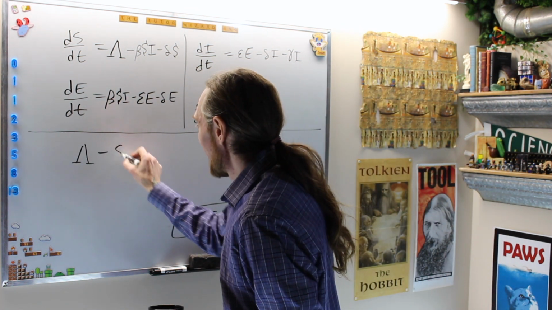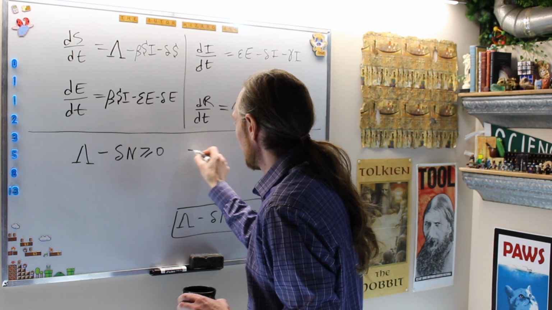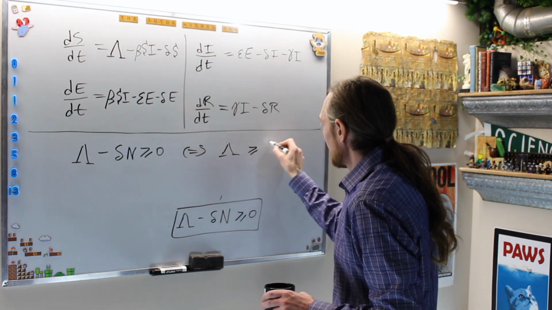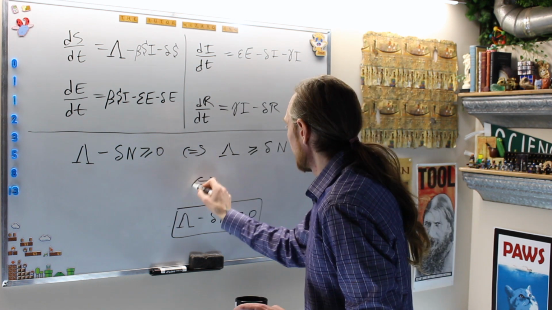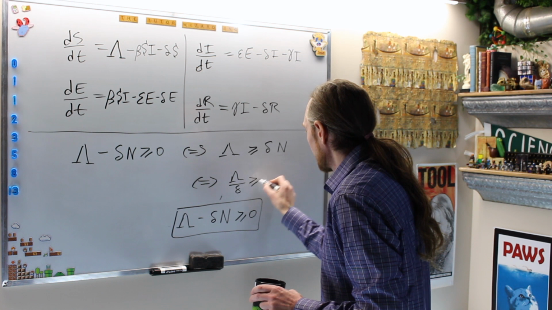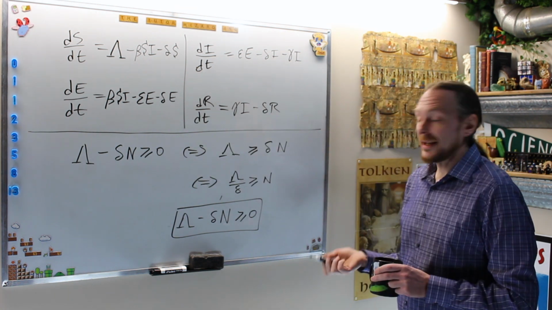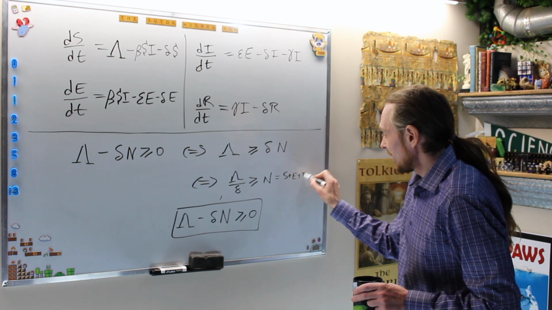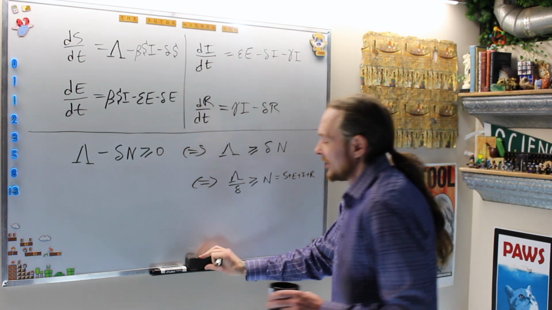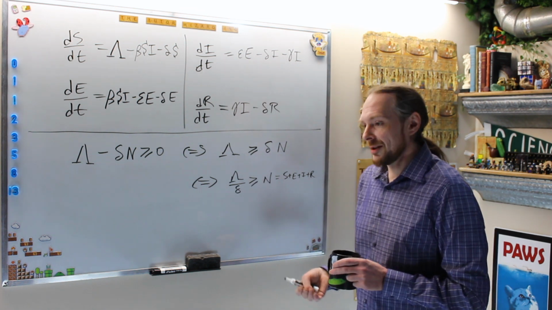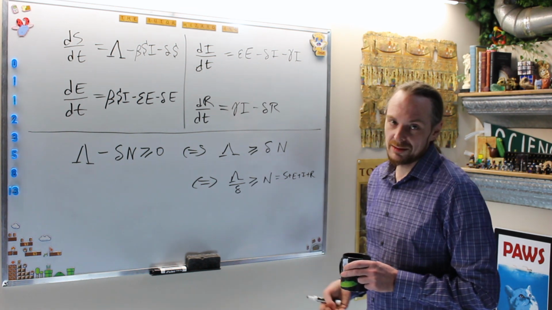Lambda minus delta N is greater than or equal to 0 if and only if lambda is greater than or equal to delta N. This says, if and only if, lambda over delta is greater than or equal to N. That gives us our feasible region. And remember, N is S plus E plus I plus R. Long story short, you're going to have to take Michael Lee's classes on mathematical modeling of infectious diseases, these summer courses or these types of things.